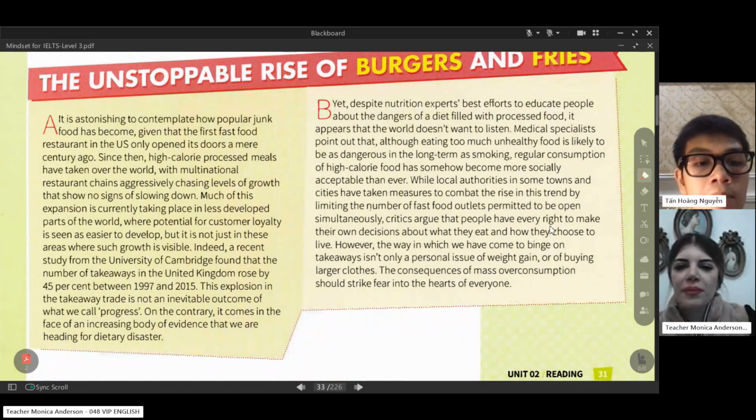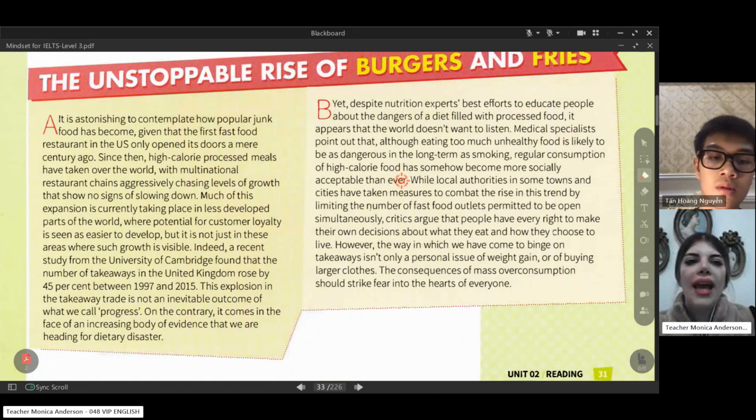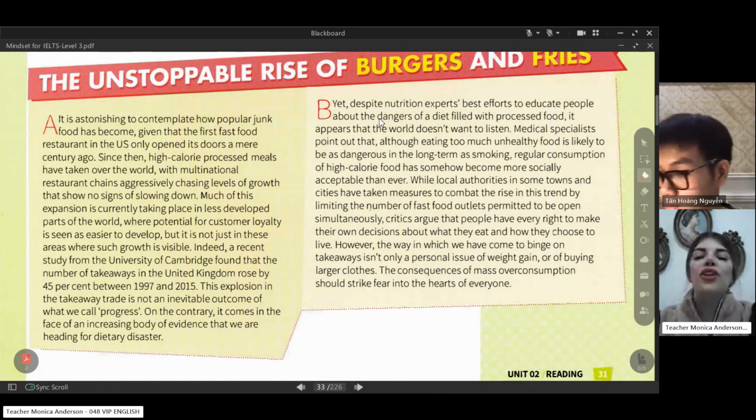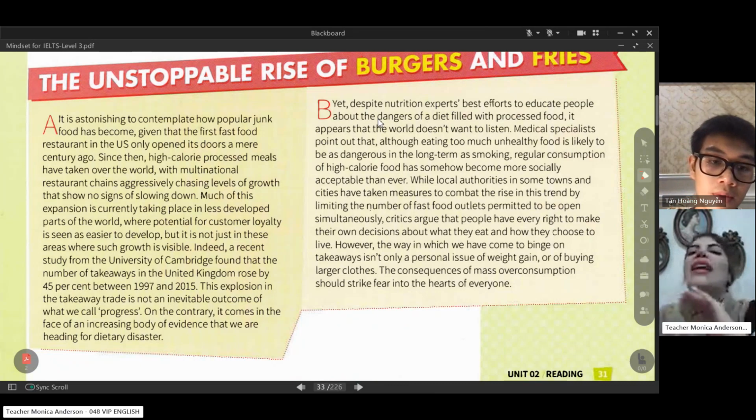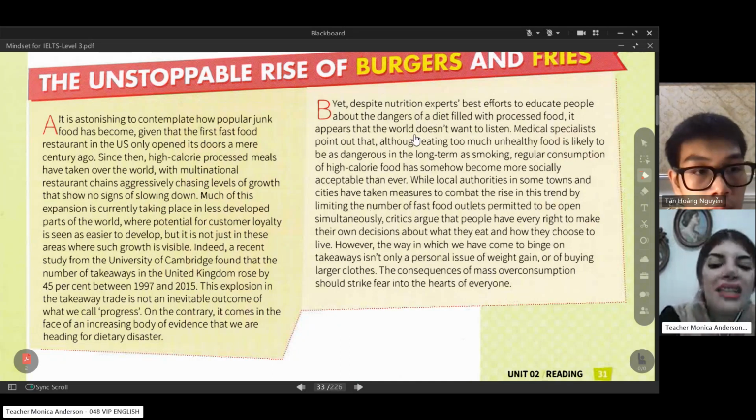What is contemplate, teacher? Well, first of all, here don't focus on any single word. You don't need to know the meaning of contemplate now because it doesn't help you.